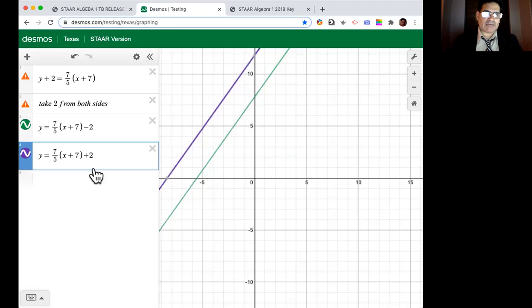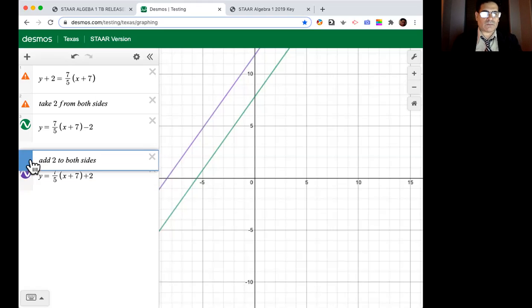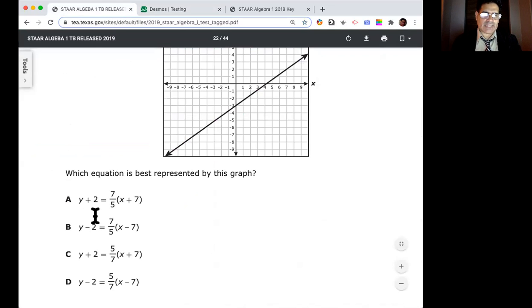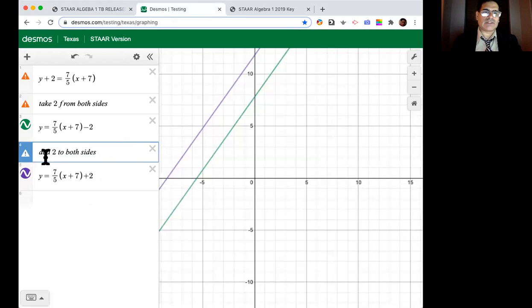So this time I have to add 2 to both sides, right? Just a little reminder to myself. So I add 2 to both sides. I add 2 to my -2, and that cancels that out. And so I'm left with a -2 on the other side.